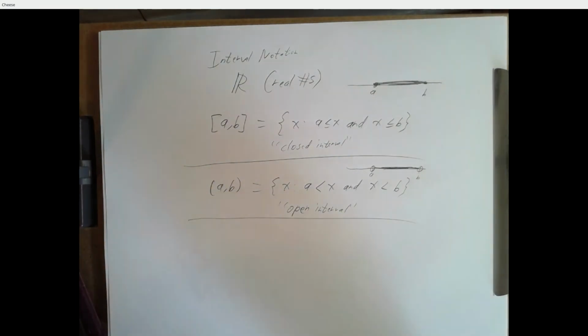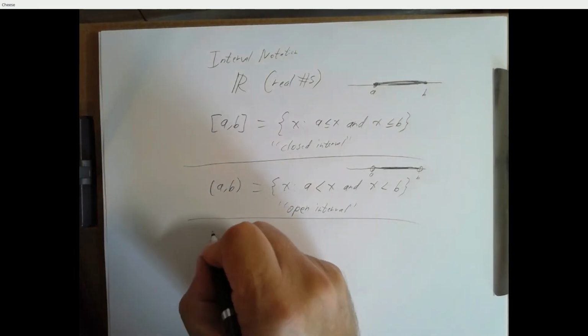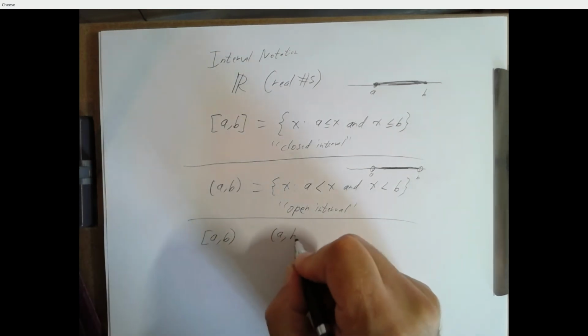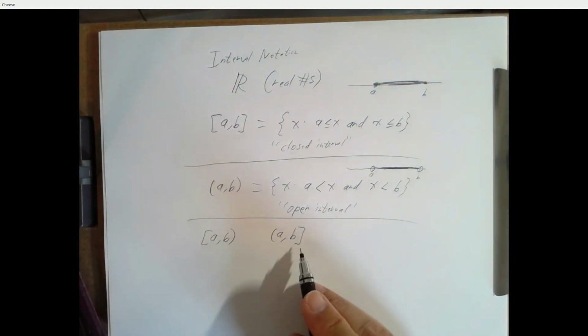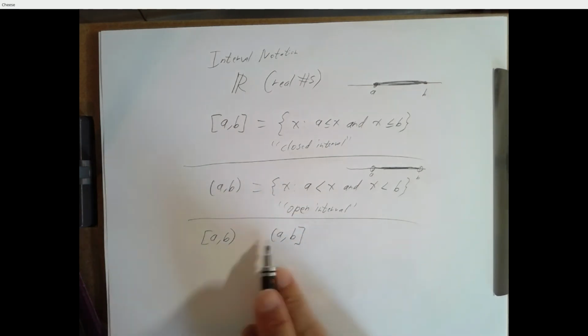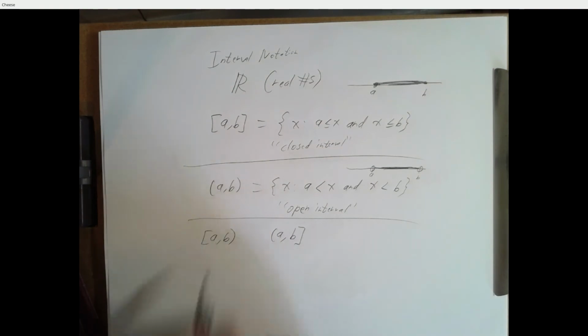And we can also have half open or half closed intervals. We could say bracket a comma b parenthesis, or parenthesis a comma b bracket. And the bracket basically means less than or equal to or greater than or equal to. And the parenthesis means excluding the actual point a or b. So you can imagine what those mean.